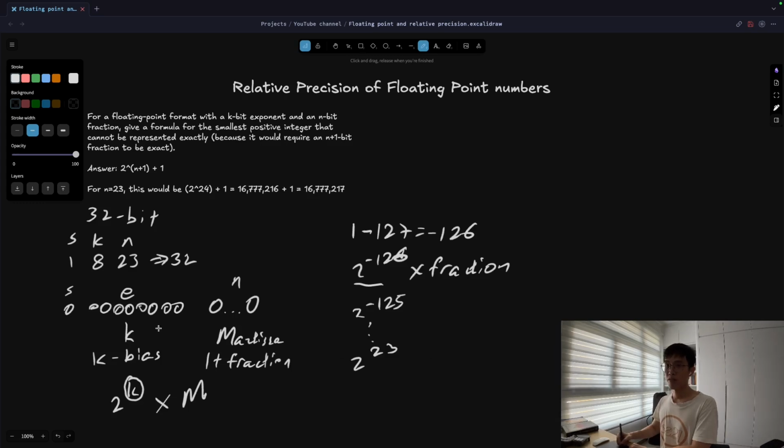And because the value of the fraction is actually, let's use f, sure, over 2 to the power of 23.